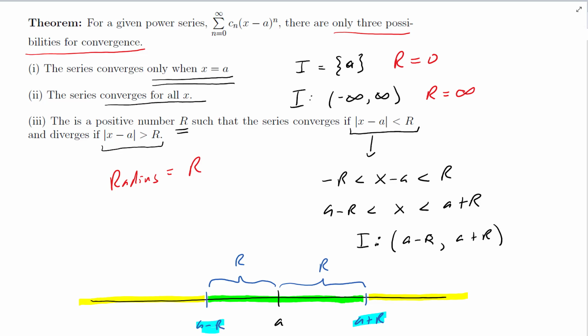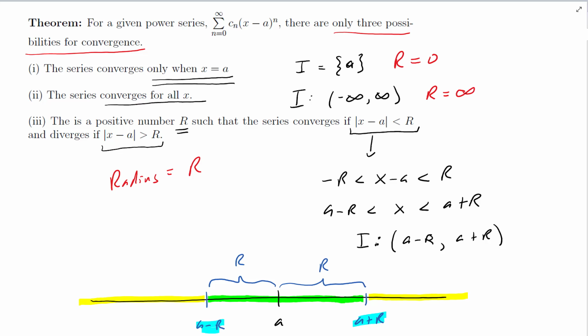So what we have now is a power series. Every power series will have a radius of convergence. 0 means that series will only converge where it's centered. Infinity means it'll converge for any x value. And if it's some number r, now remember it's a radius, so it's got to be positive.